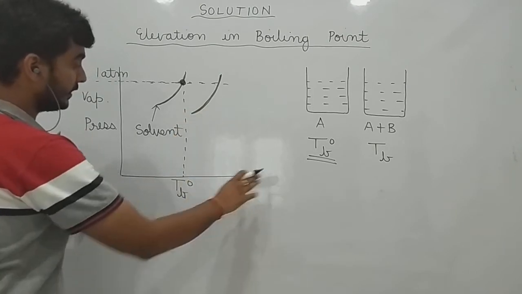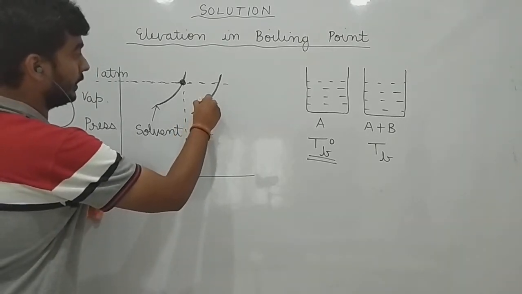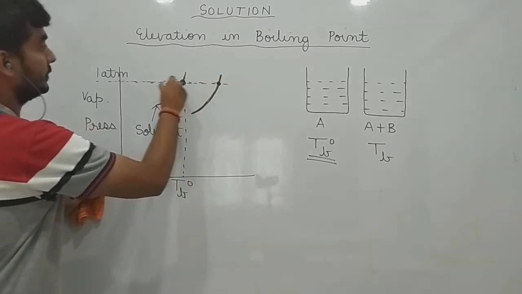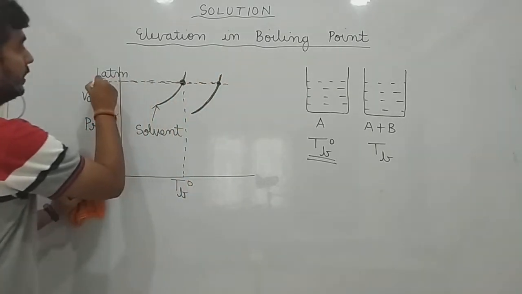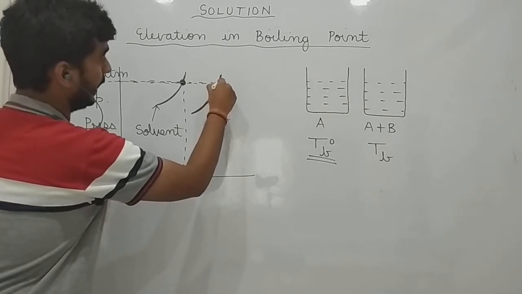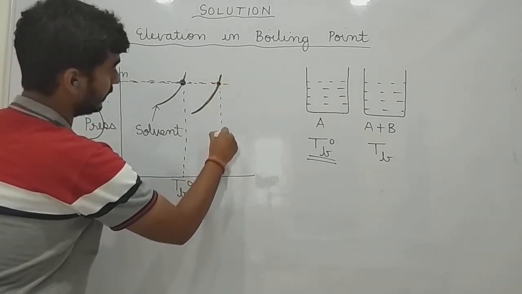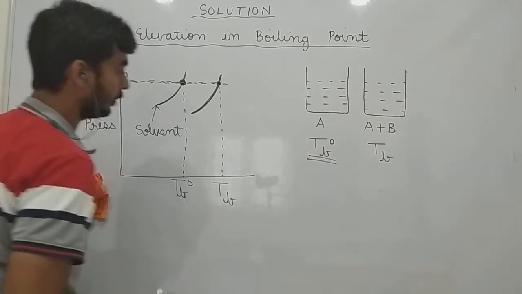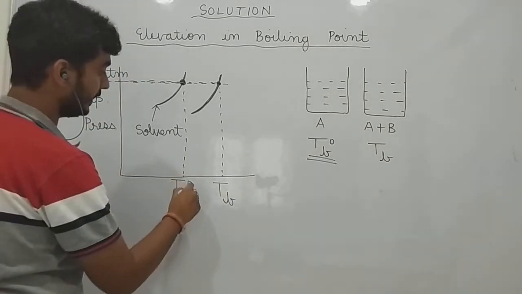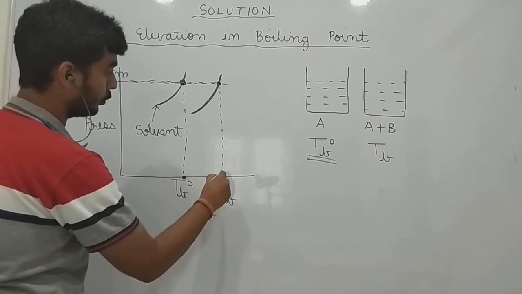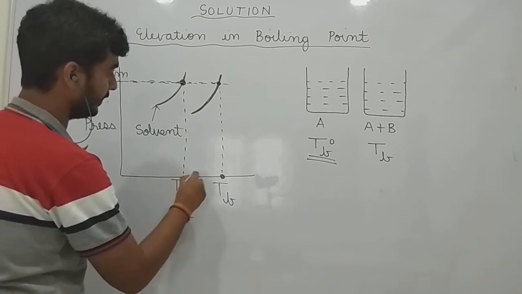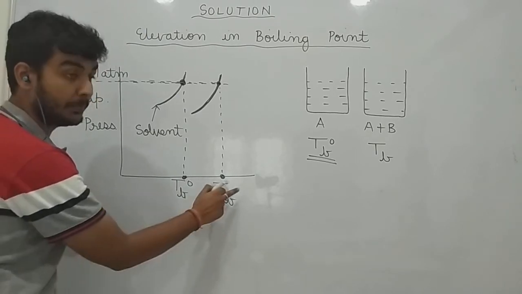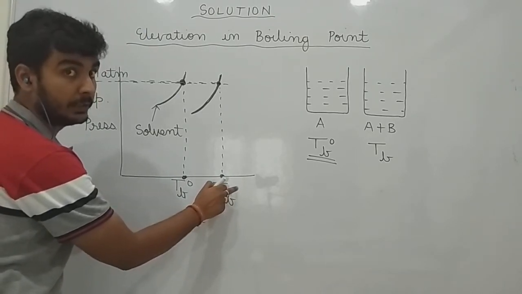Now this curve represents vapor pressure of solution. So as temperature increases, vapor pressure of solution increases, and at this point the vapor pressure of the solution becomes equal to what? Atmospheric pressure, which is 1 atmosphere. So this is the temperature which is known as boiling point of solution. So as you can see, the boiling point of pure solvent and solution differ, and the boiling point of pure solvent is less as compared to boiling point of solution.